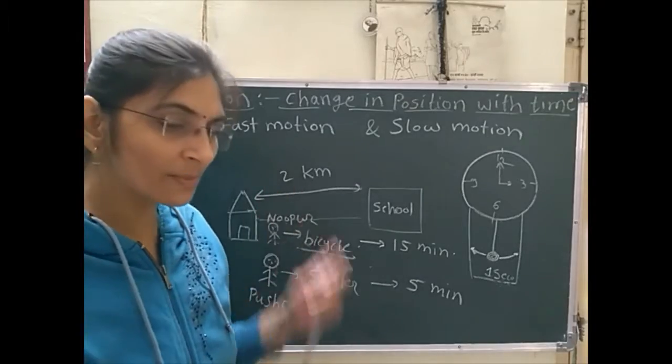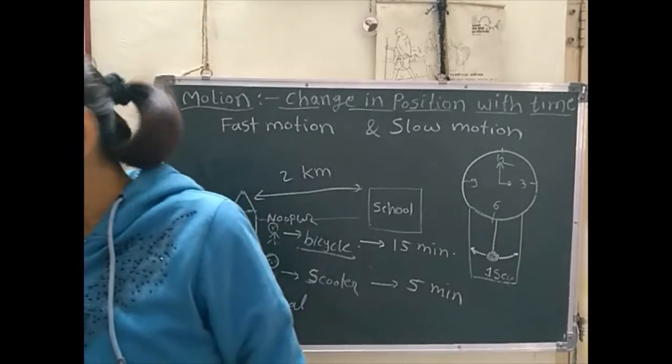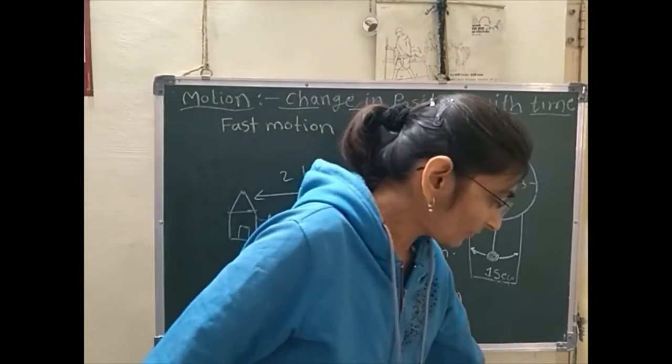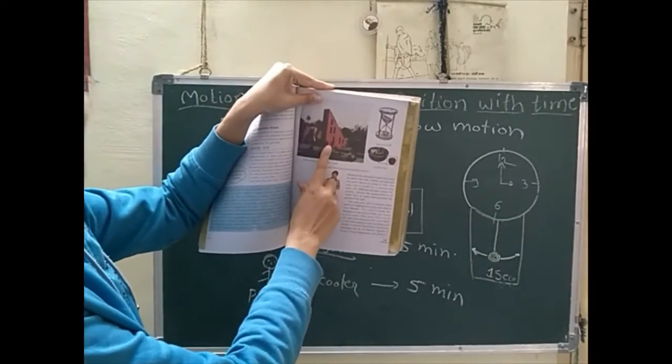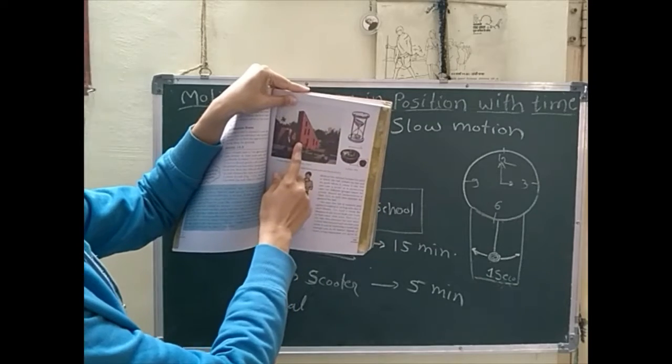Okay, so in this manner there are various types of clocks. Some clocks depend on shadow, so they depend on sunlight.